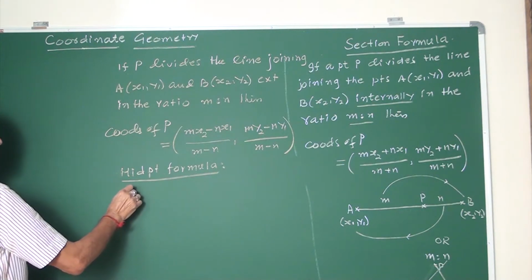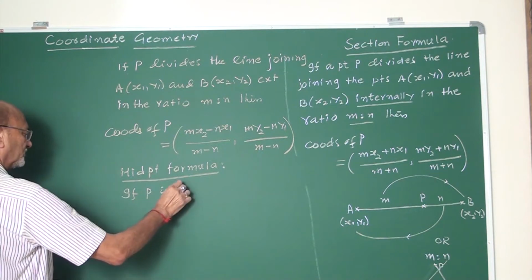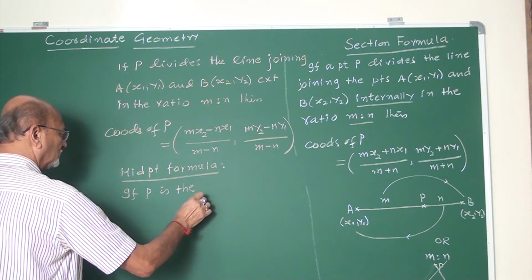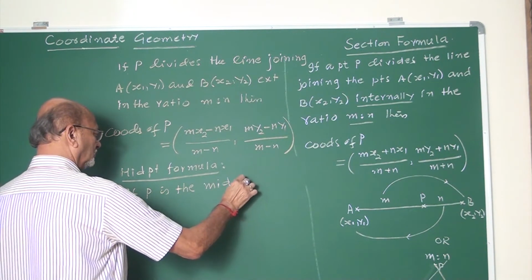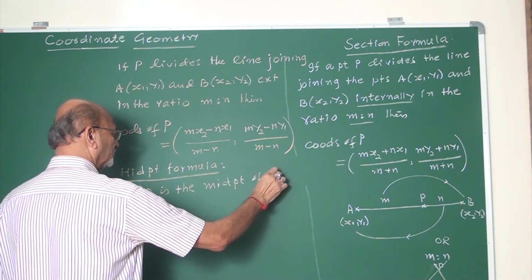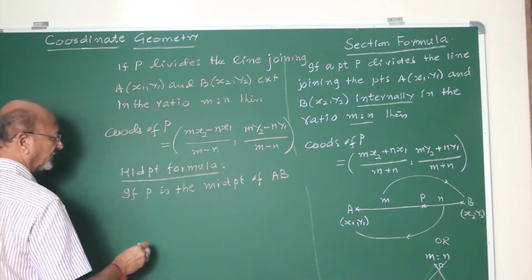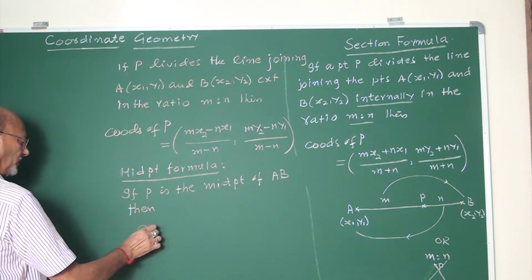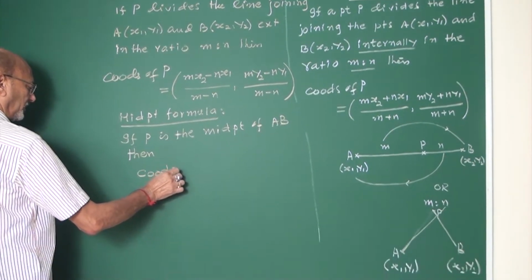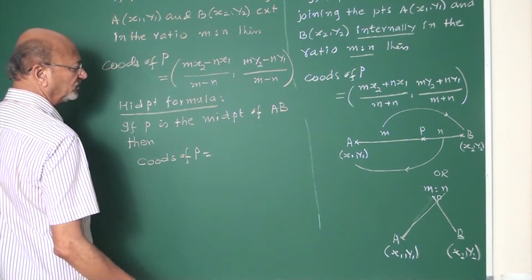If P is the midpoint of the line AB, then the coordinates of P, yes friend, midpoint means what?